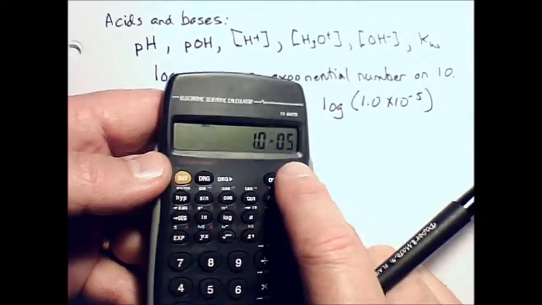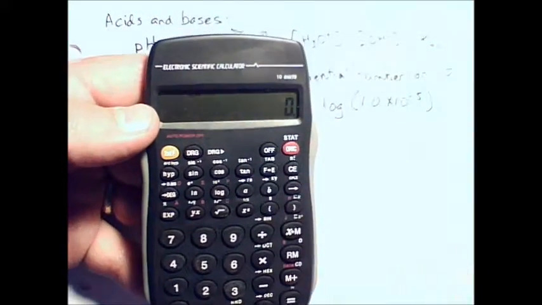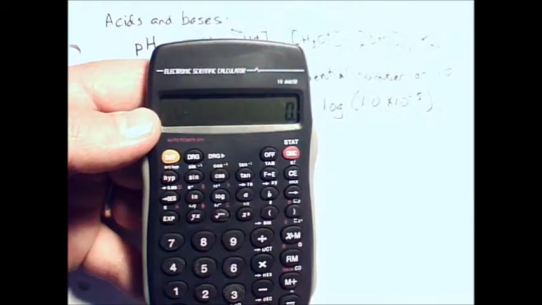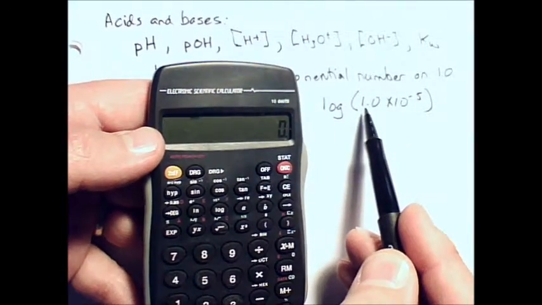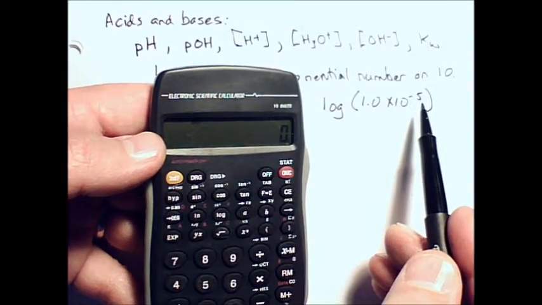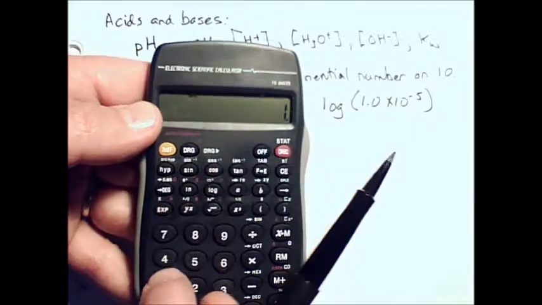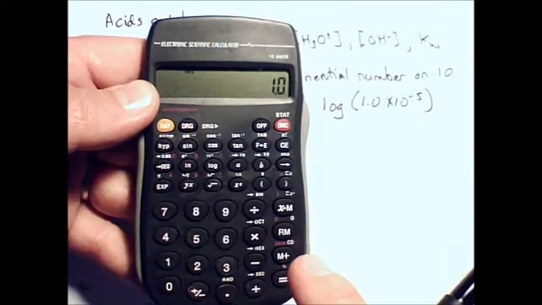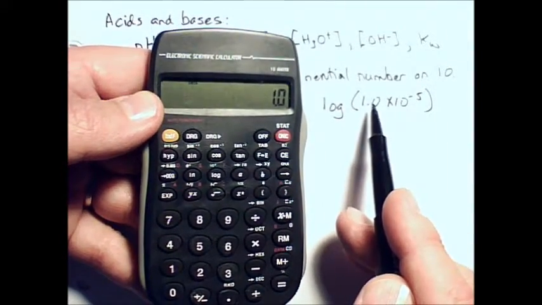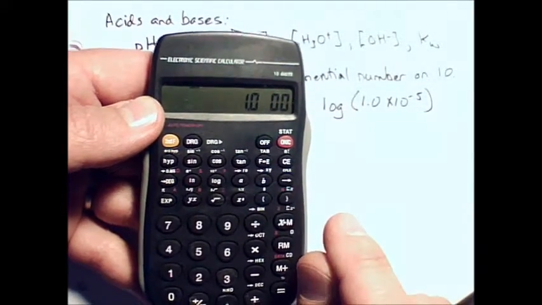Let me show you again. Please listen. I don't need to go over this again and again. You're going to put in 1.0. Then when you hit this exponent button, that means times 10 to some power.